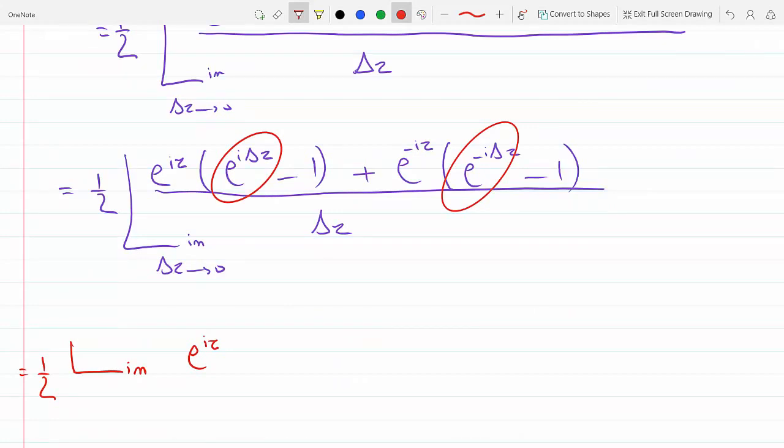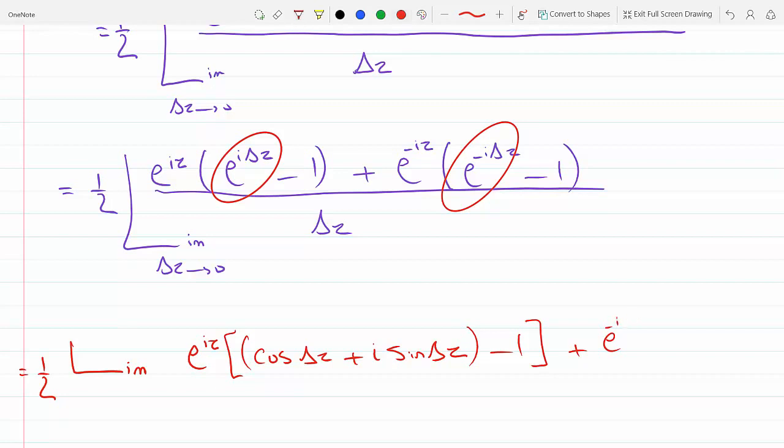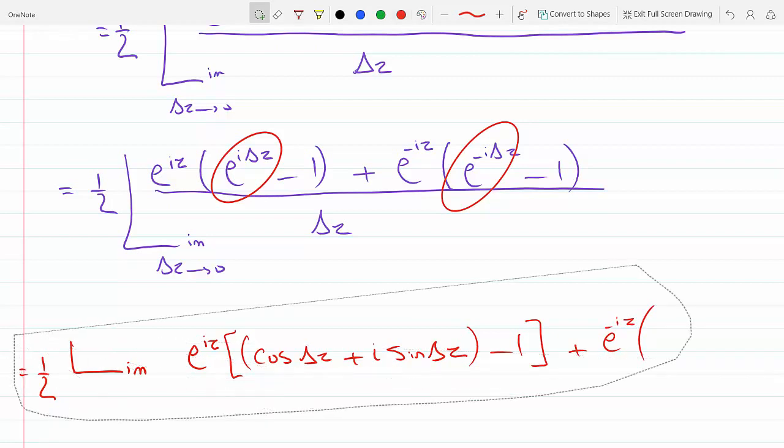The definition of the complex exponential is cosine of the angle, cosine delta z plus I sine delta z, minus 1, plus same thing here, e to the minus iz, and e to the minus I delta z. Let's take this a little bit left.